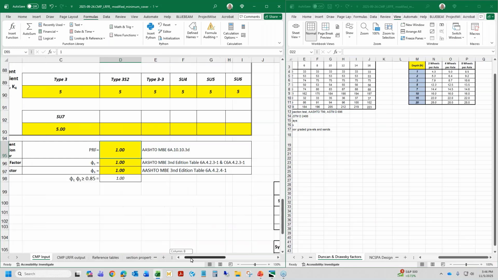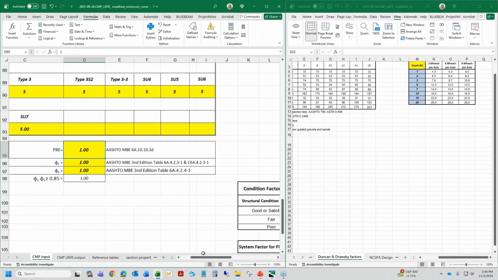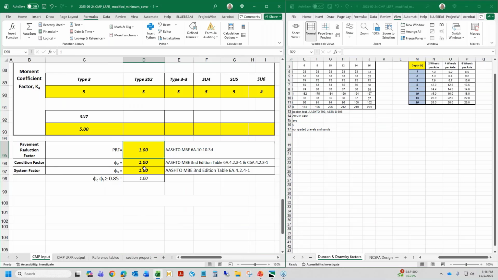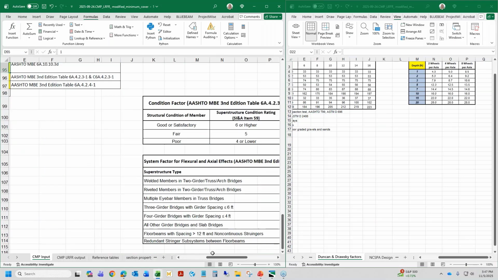Your condition factor, we come over to this table, which comes directly from the MBE. And in this particular case, we had a rating of 7, which means that we have a condition factor of 1. And then we also have the system factor. We look again below, and we give you the tables.